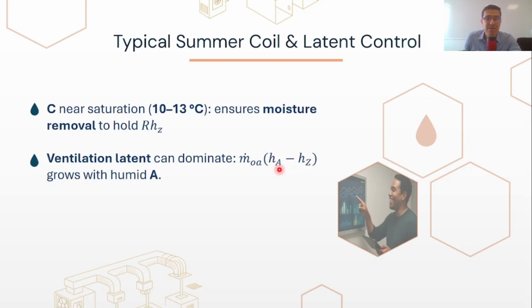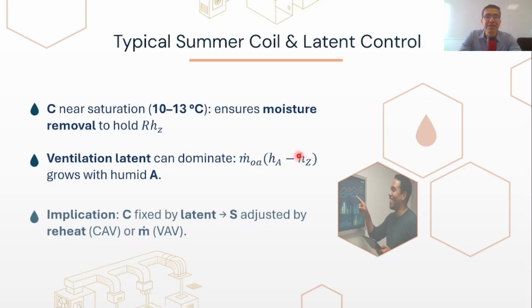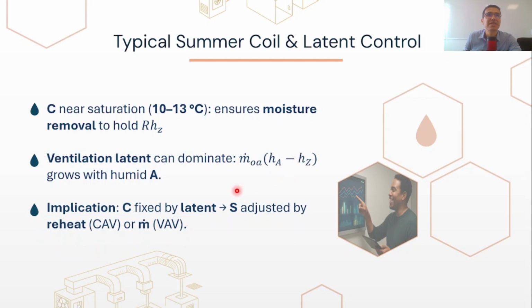So the latent load, this is why this term is big, because here we have a sensible load in this enthalpy plus the latent load in a humid place. It can be big. So the latent load requirements often set the coil exit. This is answering the question of the third slide.